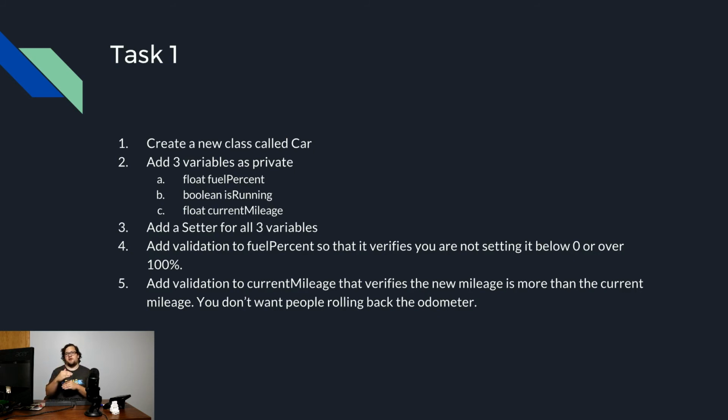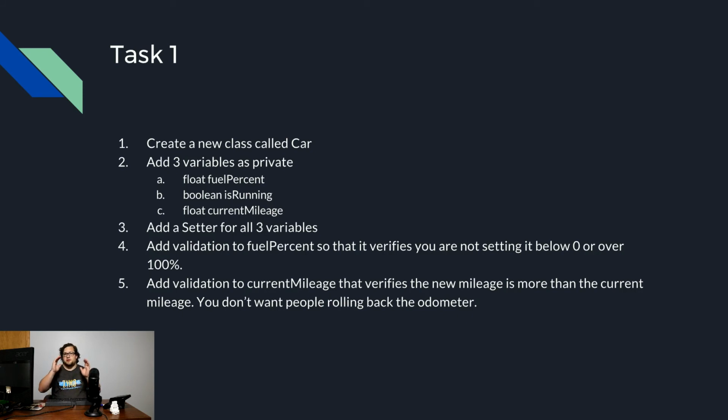I want you to create a setter for all 3 of those variables. And then I want you to add some validation to the fuel percent so that when you pump gas in the car, whatever mechanical process, whatever electronic calculation is happening there, when it goes to call into your data, it validates that it's in the range of 0.0 to 100.0. Remember, you have to cover those boundaries because your tank could be completely empty and your tank could be completely full.